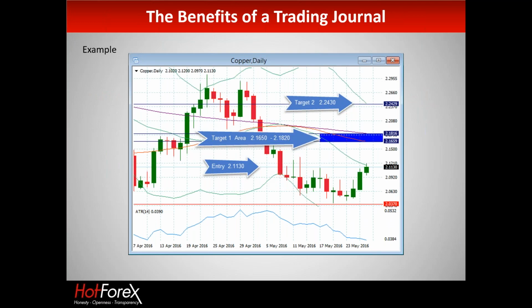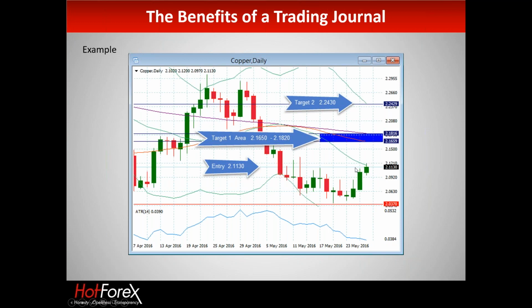This is an excerpt from Copper, where the trader here suggests that he should enter the position and go long when it hit this level. So the trader in this case decided that he would enter once it hit 2.1130.